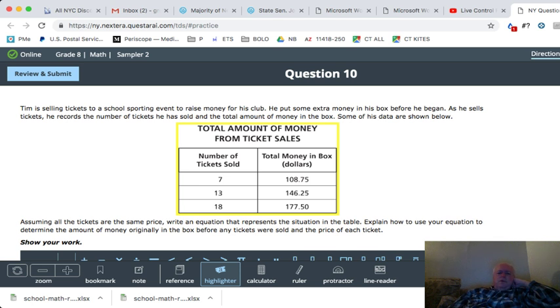In other words, you might get the 108.75 divided by 7, the 177.50 divided by 18. I don't know yet. We haven't read the words. In fact, this is almost set up like a bank account problem, but it's not. It's about tickets. Total amount of money from ticket sales. Number of tickets sold. Okay, I don't have a clue what they're going to ask yet, so let's see.